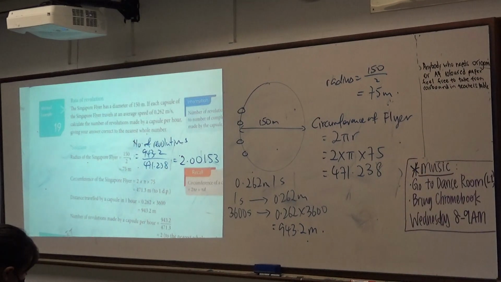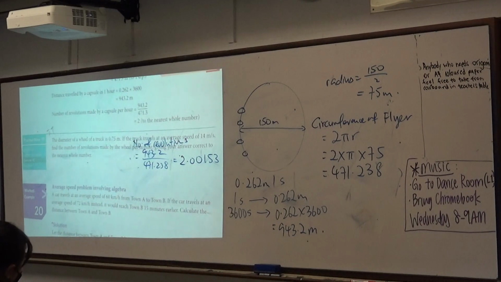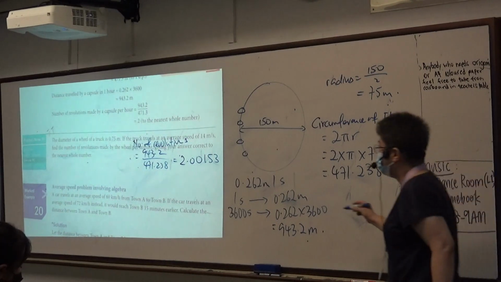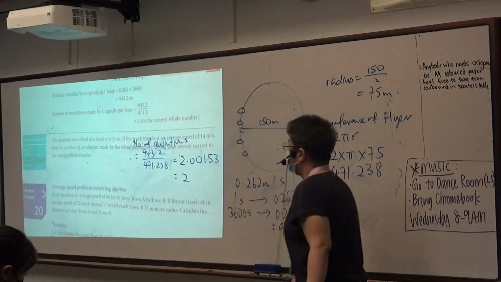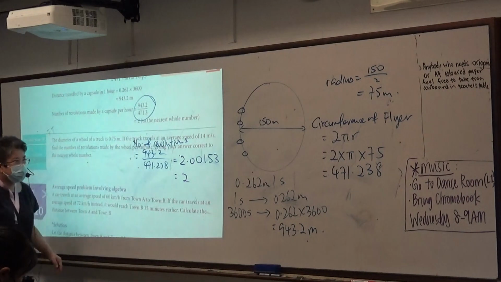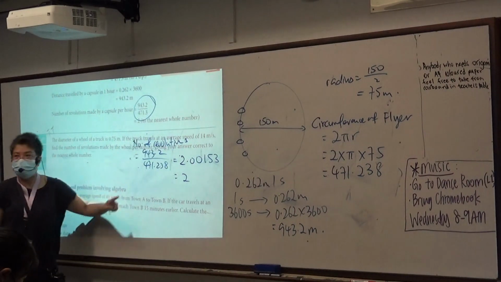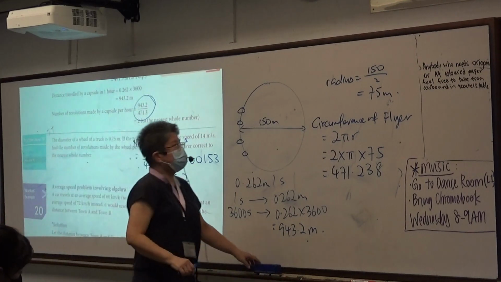So, how many revolutions if I correct it to the nearest whole number? 2, no? So this is 2 revolutions to the nearest whole number. Now, can you see? They take this one, divide by this one, which is exactly the same as what I've done. Everybody clear with what I'm saying? Can or cannot? Can. Okay. Now, last question.